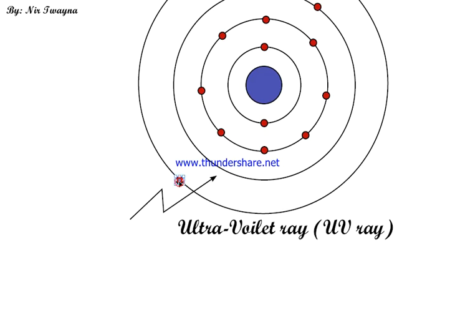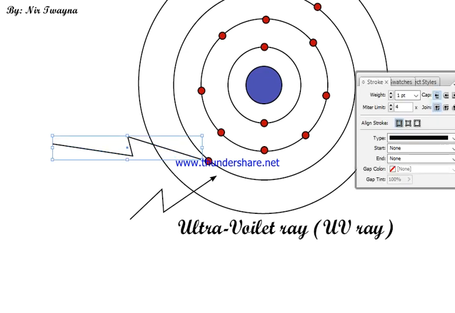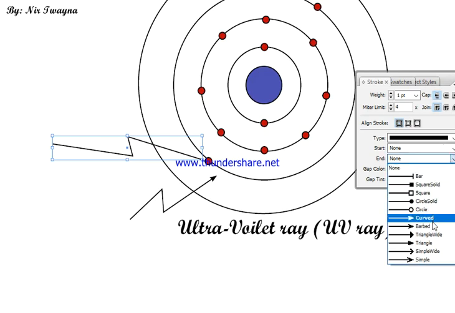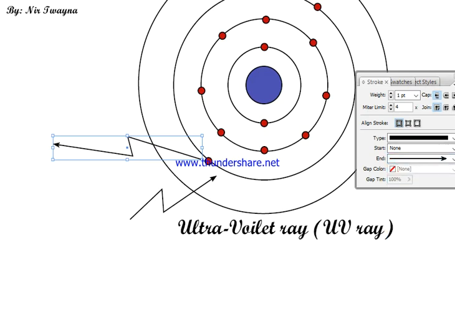That's why the atom calls this electron back to its original orbit. But to come back to its original orbit, it has to release the energy it absorbed previously.